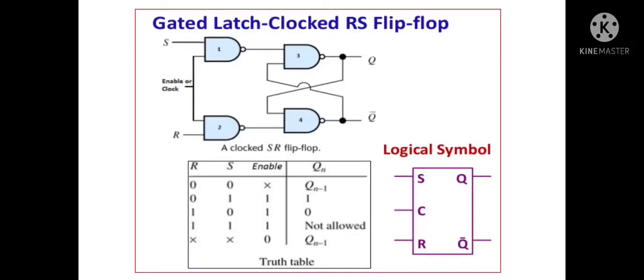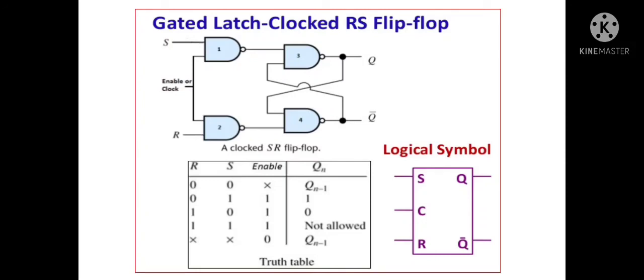It is the gated latch flip-flop, or it is even called the clock RS flip-flop. In a sequential system, it is required to set or reset the flip-flop in synchronism with the clock pulses, and this is achieved in case of clock SR flip-flops.